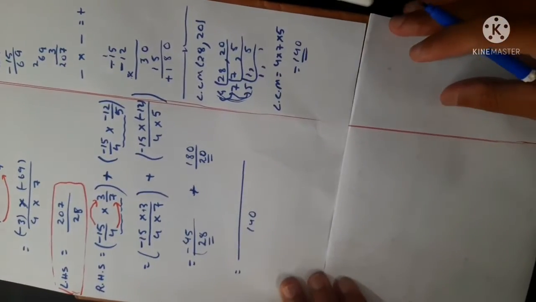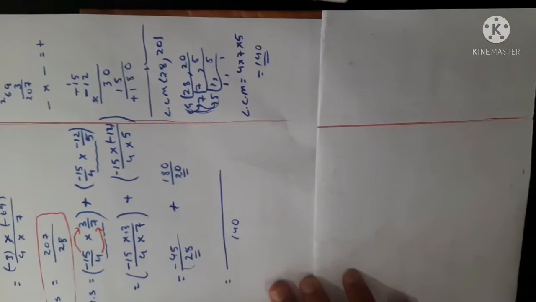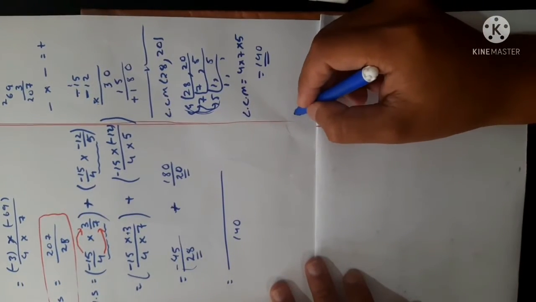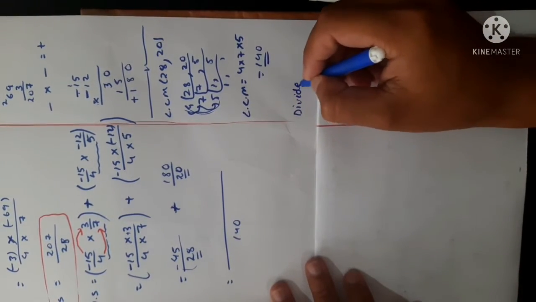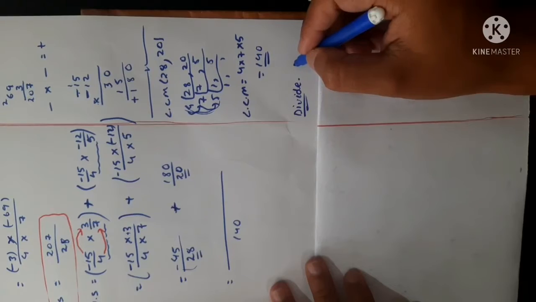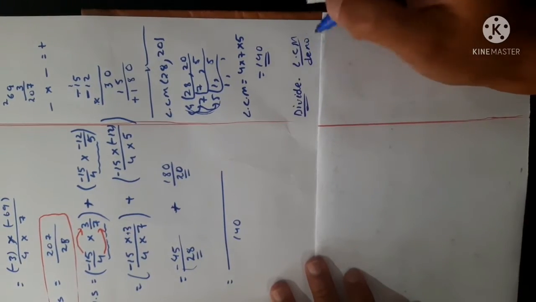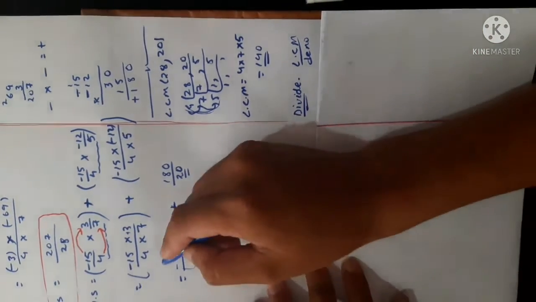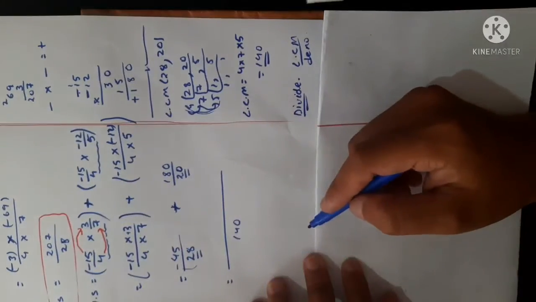So now the next step is we have to divide. Divide what? Divide the LCM by the denominator. So let us take first this fraction, minus 45 by 28.